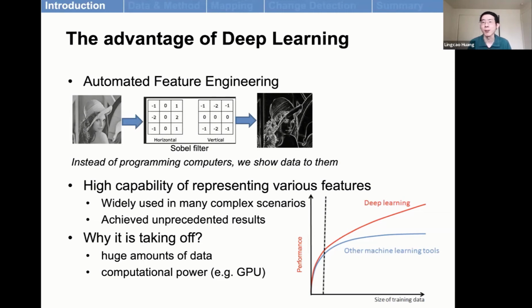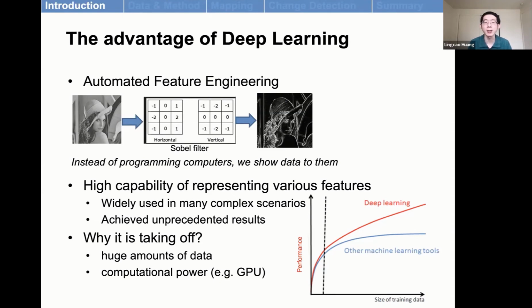There are many kinds of these algorithms, more than 100 of them. They input an image and output some feature. In the past, people had to spend a lot of time designing a good algorithm, programming the computer to extract features from images. Then based on the features, we can identify what we can see and observe from images.